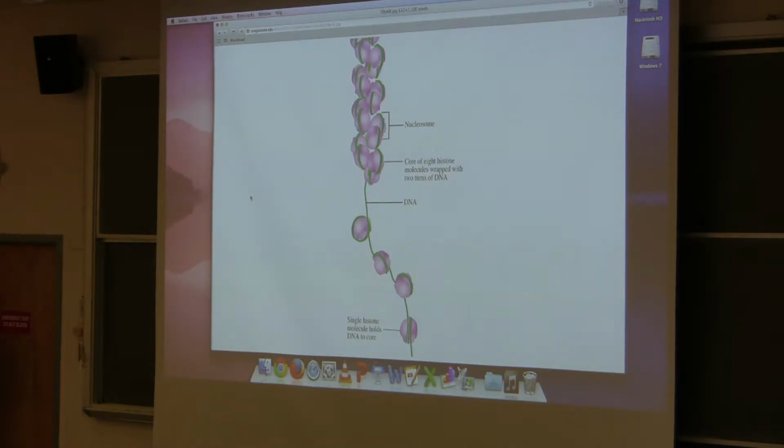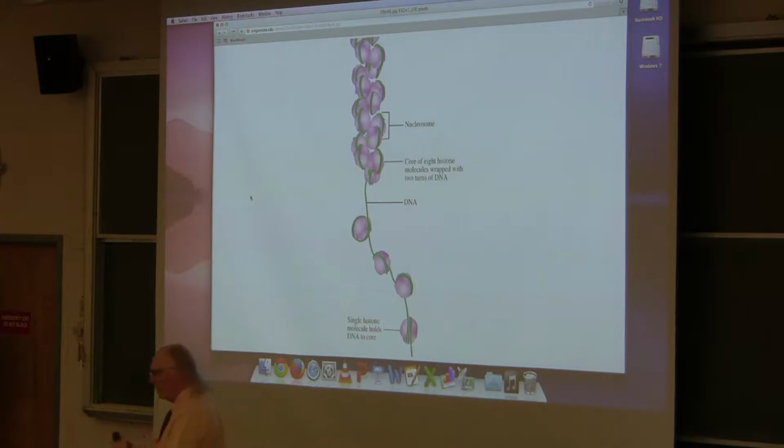So they're attracted to each other, and they're held fairly tightly together. And not only is the DNA wrapped around the histones, but those wraps of DNA and histones are themselves wrapped. So we see different levels of wrapping that occur.